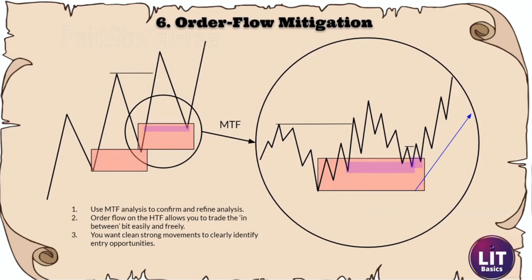You can use medium time frame analysis to confirm and refine analysis. Order flow on the higher time frame allows you to trade the in-between bit easier and more freely, and you want clean, strong movements to clearly identify entry opportunities.